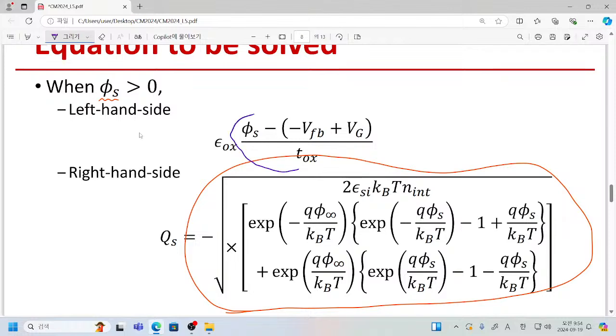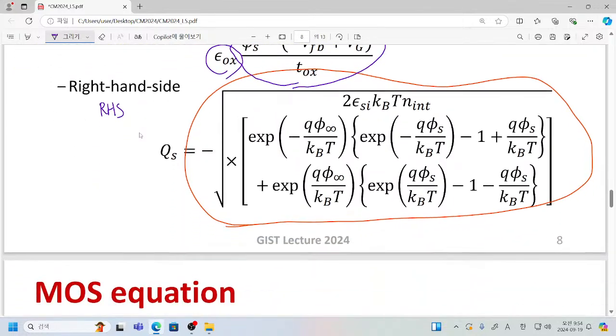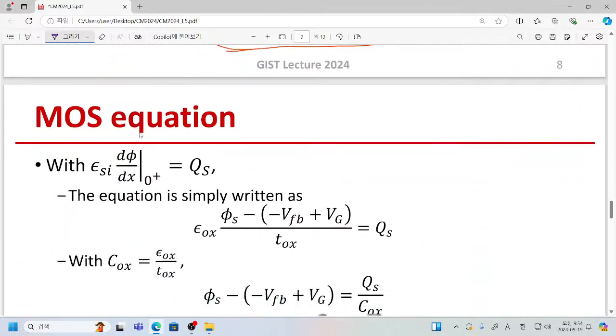This corresponds to the slope of your electrostatic potential, multiplied by the oxide permittivity. This will be the left hand side of your equation, and the right hand side can be obtained from your previous lecture, lecture 4.